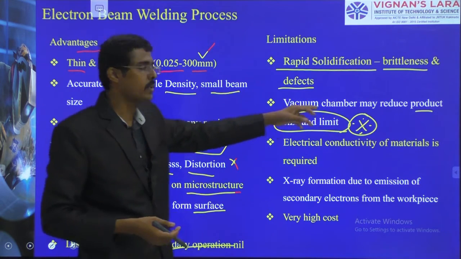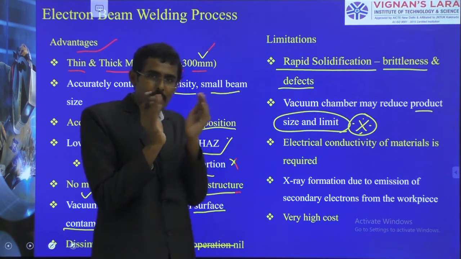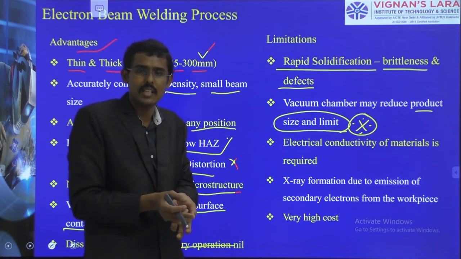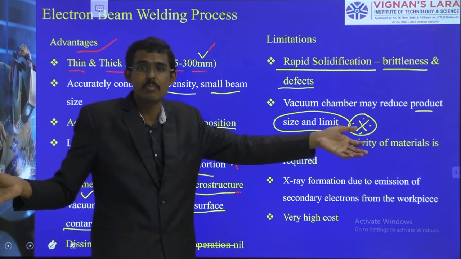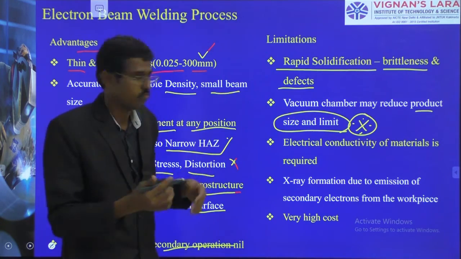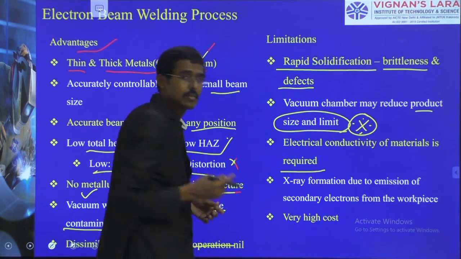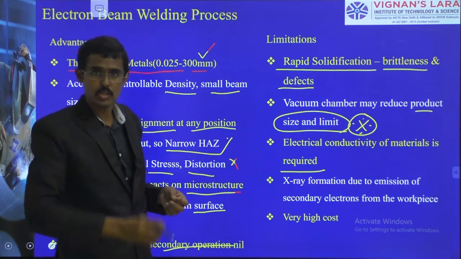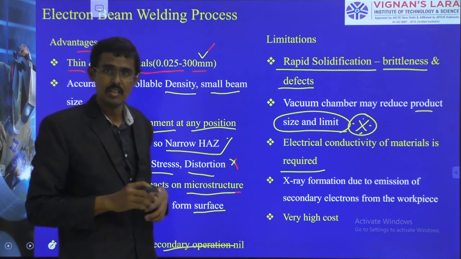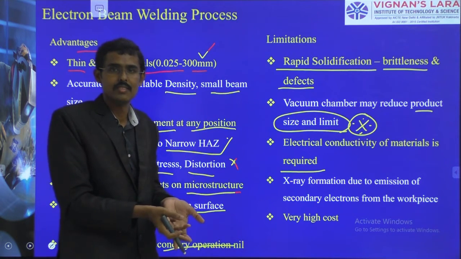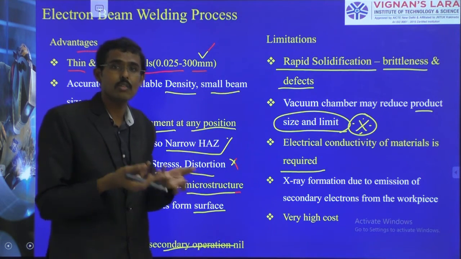So vacuum chamber preparation limits us with respect to size, as we can't make such a large vacuum room. Electrical conductivity of the material is required, because we are supplying electrical supply from negative to positive. It should be a conductive material. If it is a non-conductive material, where will the electrons reach, where will they be absorbed, where is the cathode, where is the anode?